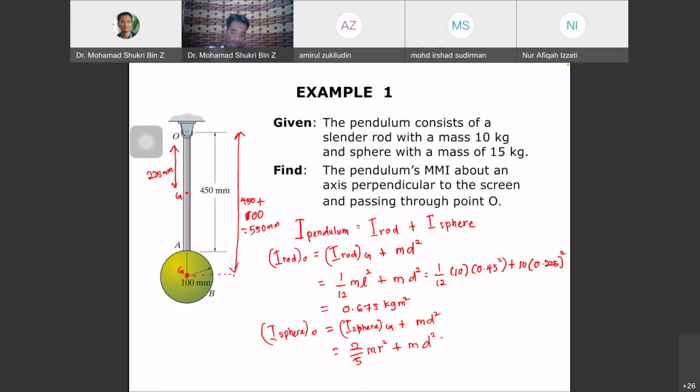Mass untuk sphere is 15 kg. R is 0.1. Mm you convert to meter, you have 0.1 meter. Plus 15 times 0.55 square.